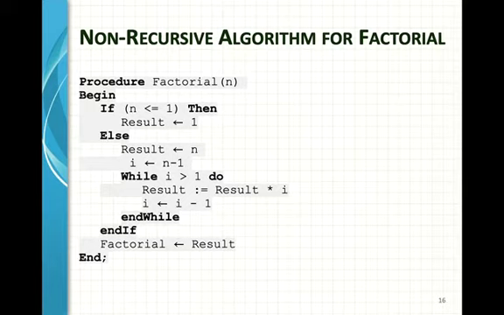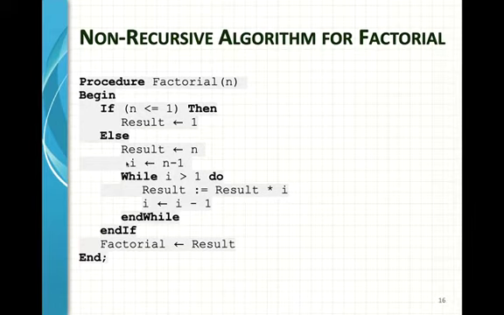So if we write an algorithm of factorial, what is to be done? If n is less than or equal to 1, the result is always 1, and we can return; nothing else to be done. If not, that is the else criteria, in else we are going to do something.